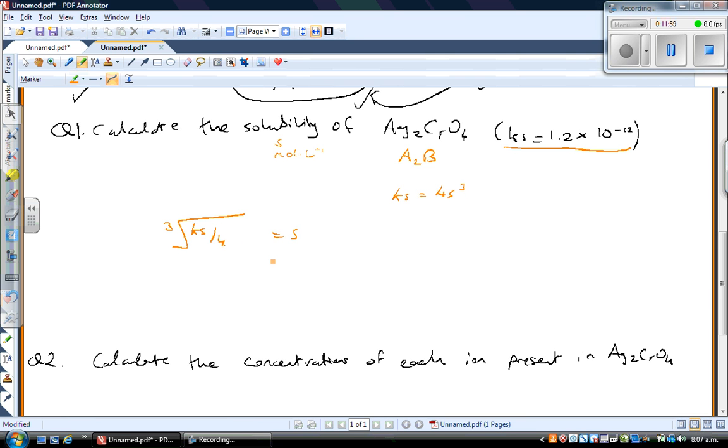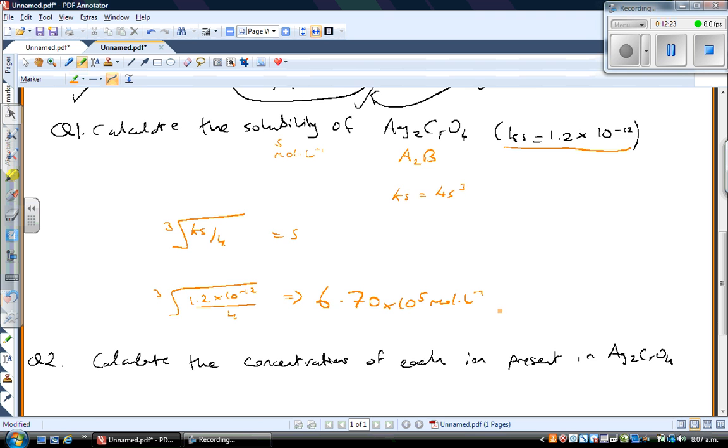All we need to do is be competent with our calculator. If you put the cube root of 1.2 by 10 to the minus 12 divided by 4 into your calculator, the answer is 6.70 by 10 to the minus 5 moles per liter.